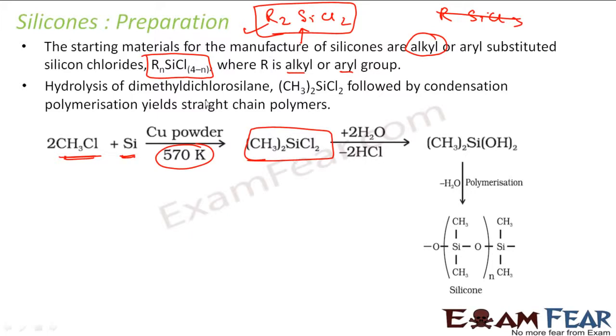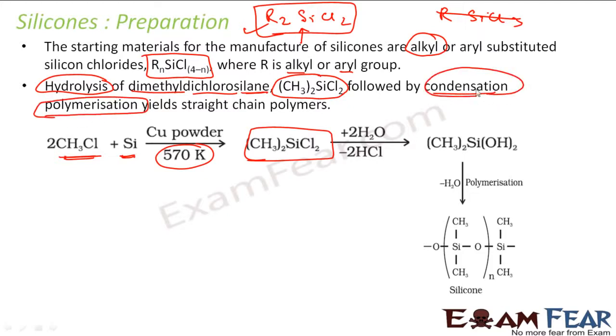This compound is dimethyldichlorosilane. Once you get this, you do hydrolysis of it, and then condensation polymerization. We'll learn more about this in the hydrocarbon chapter. If you don't understand this, just think that something like this exists. This will be the chain polymer.